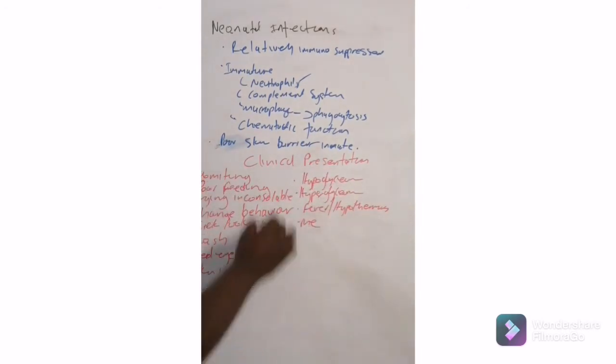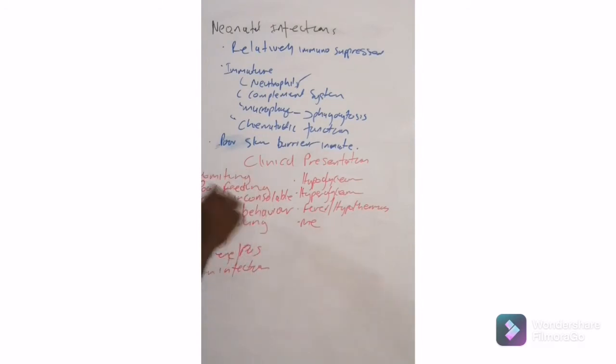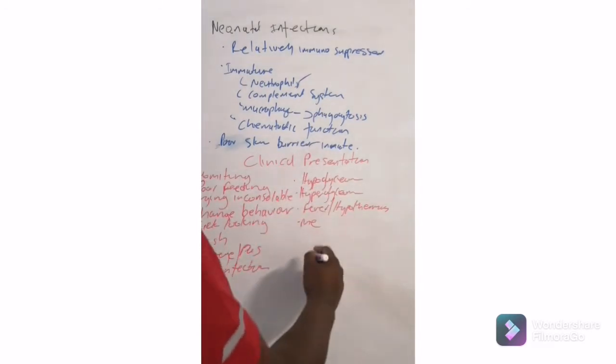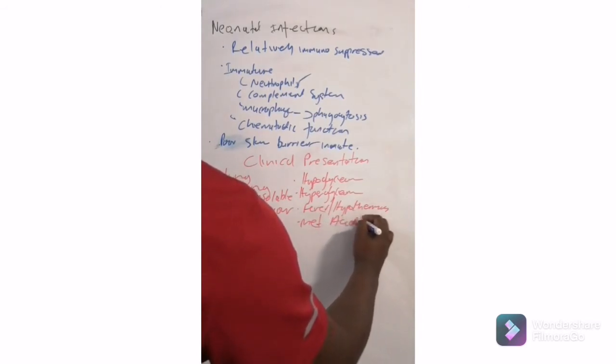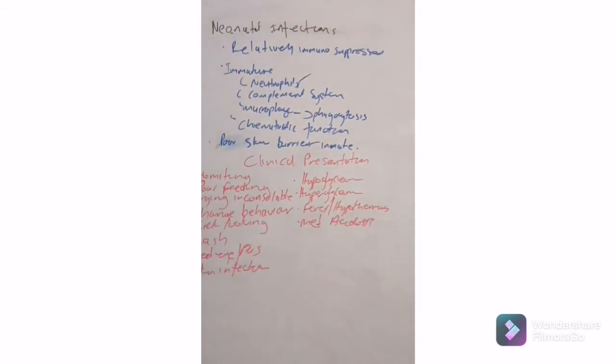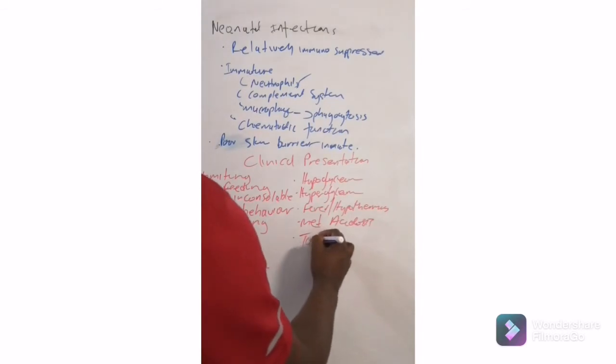So these are the things that the mother can complain about, or the nursing staff. Metabolic acidosis, don't even know where it's coming from. And then, depending where the infection is sometimes, they might also have increased respiratory rate, which is tachypnea. They might be tachycardic.